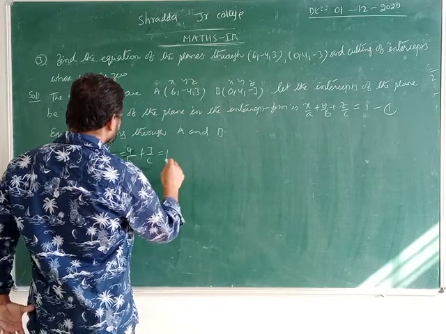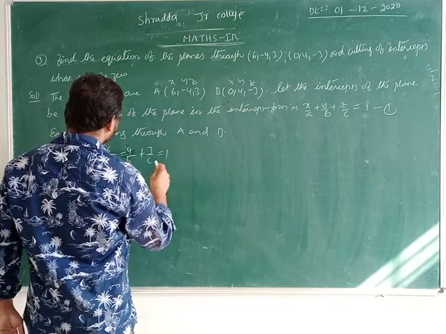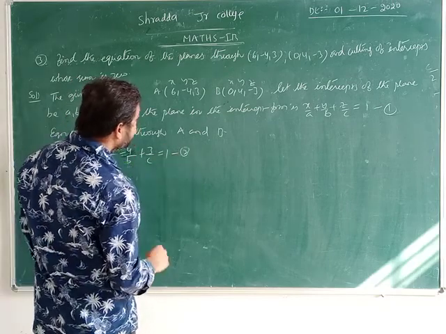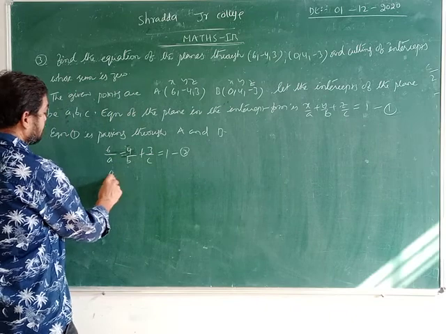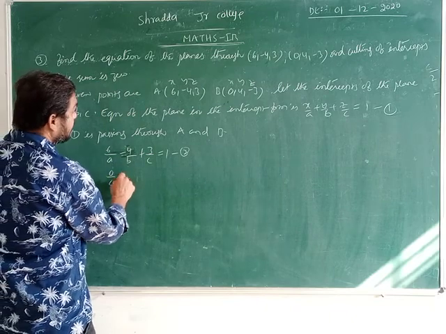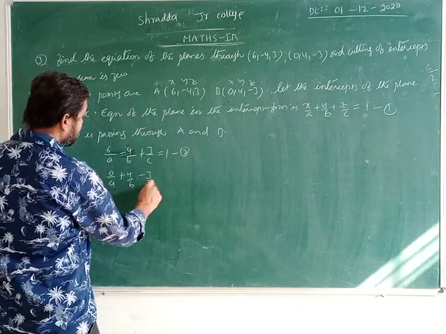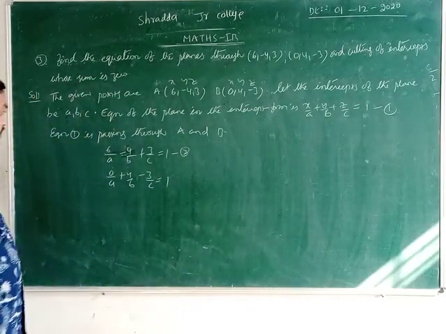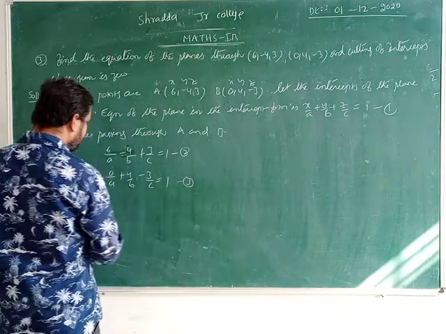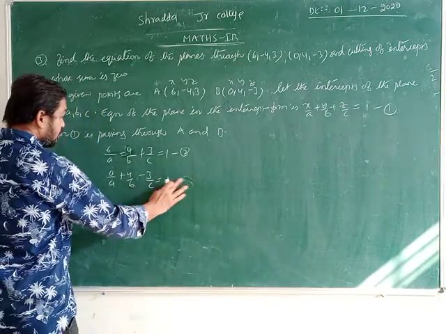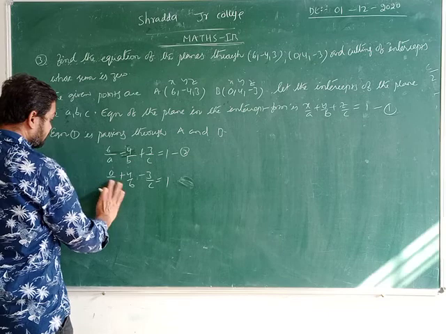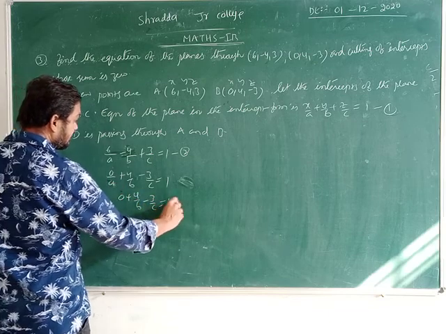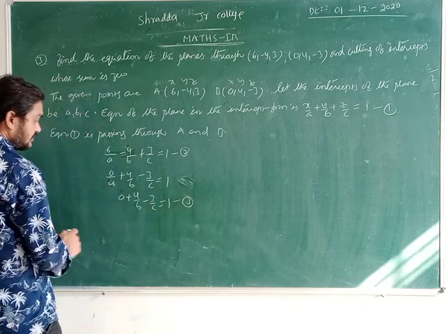We take this as equation number 2. Next, what is the second equation? 0/a plus 4/b minus 3/c equals 1. You take this as equation number 3. Now see here, 0/a is nothing but 0, so 4/b minus 3/c equals 1.